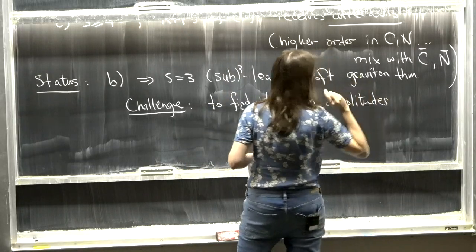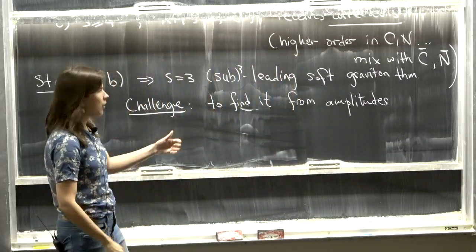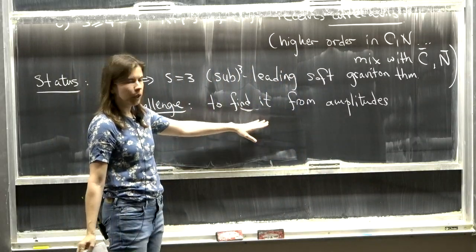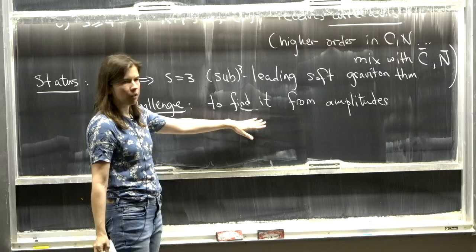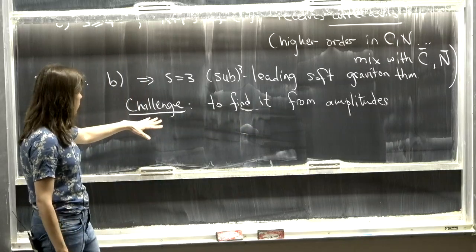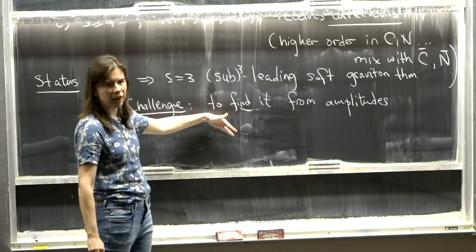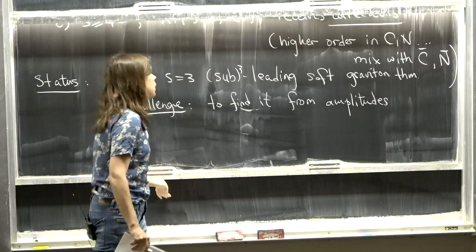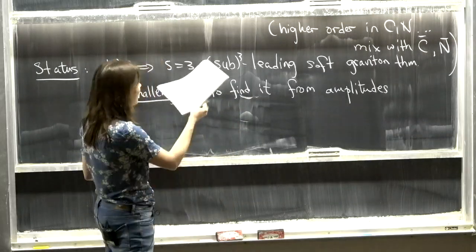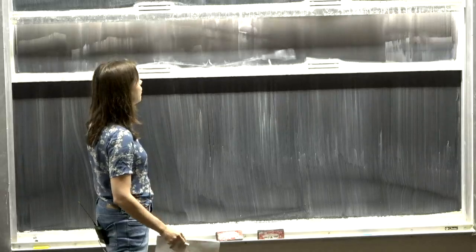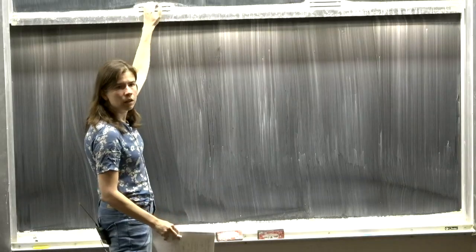The methods used by Cachazo and Strominger, and also others later on, the BCFW method expanded in the soft limits, actually don't have this correction under control. But it seems like there should be such a theorem. Okay?